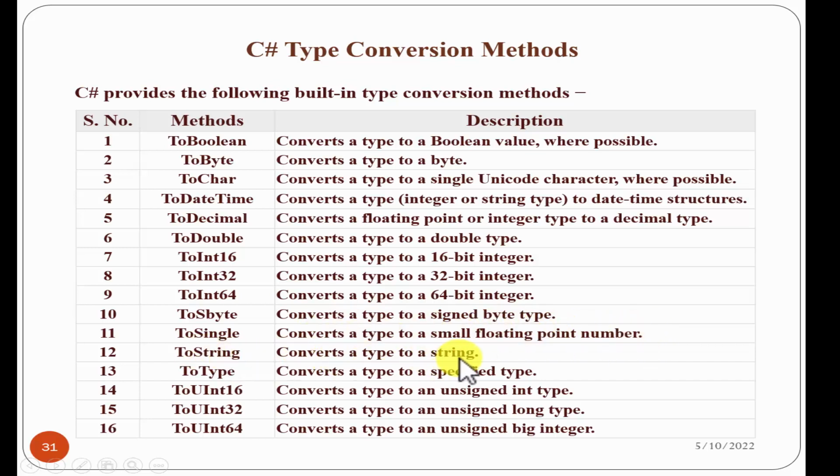ToString converts a type to a string. ToType converts a type to a specified type, meaning we are talking about a class. We haven't studied classes in this lecture yet, because we will discuss object oriented programming in C#. But I can tell you here that a class is a user defined data type.